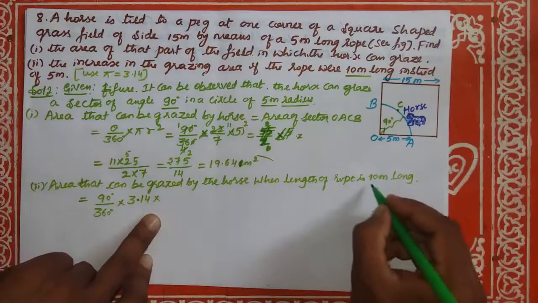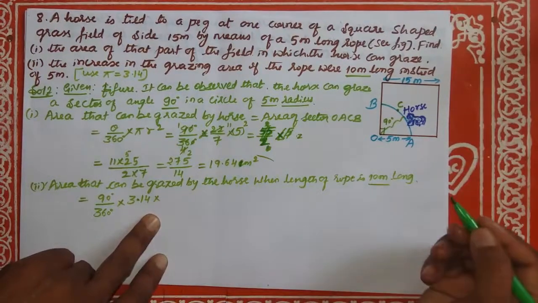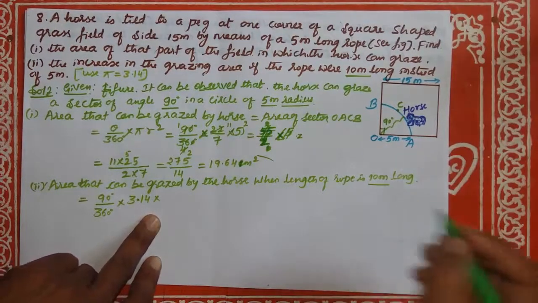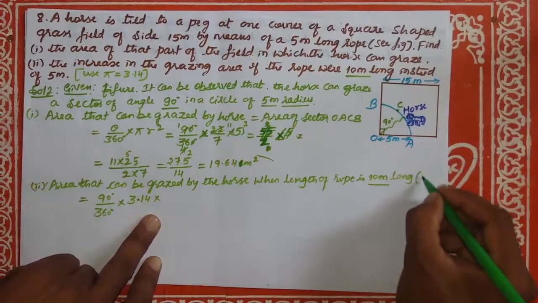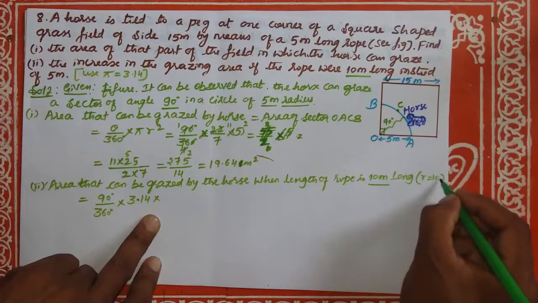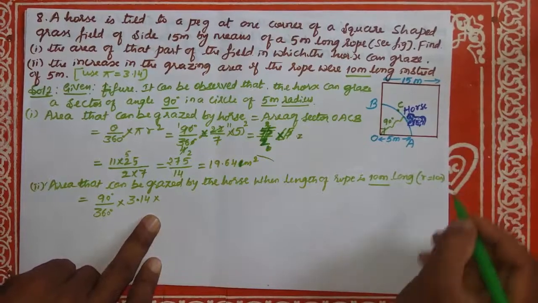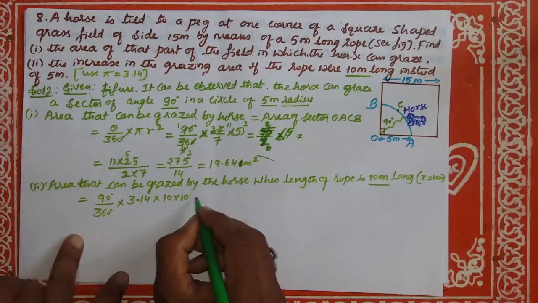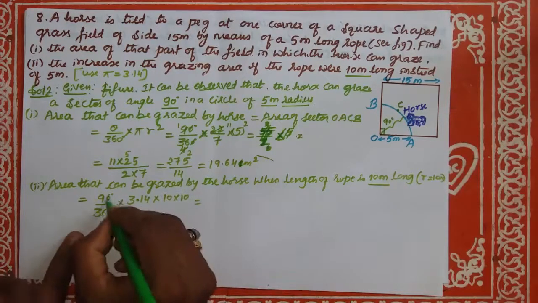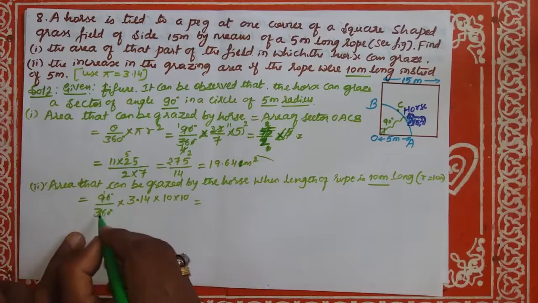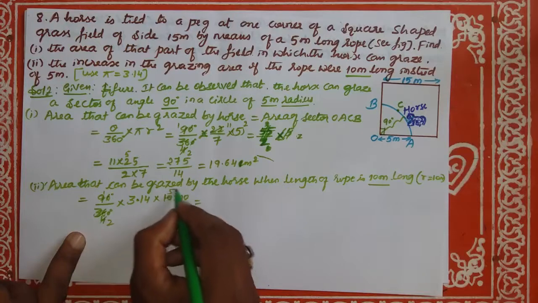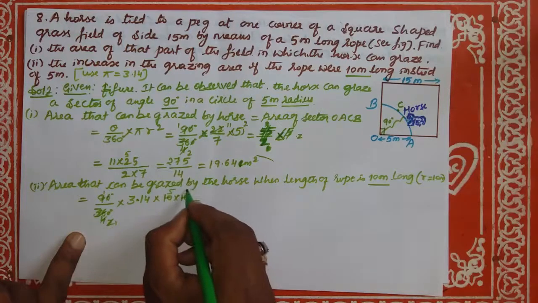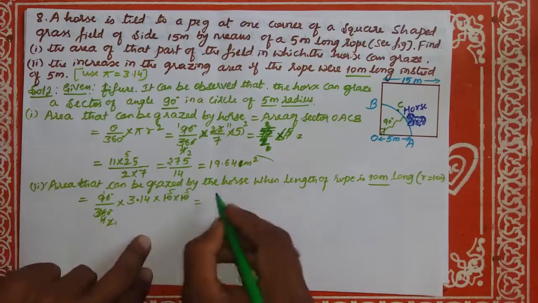Rope is 10 meter long, this is only the radius now, r is equal to 10 meter. 10 into 10, the zeros get cancelled, 9 1s are 9, 9 4s are 36, 2 2s are 4, 2 5s are 10, 5 5s are 25.